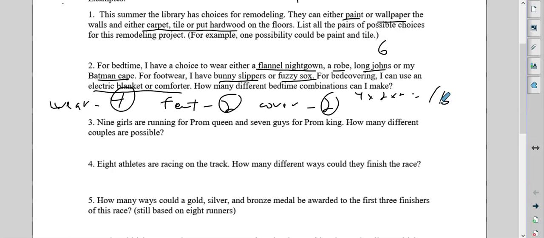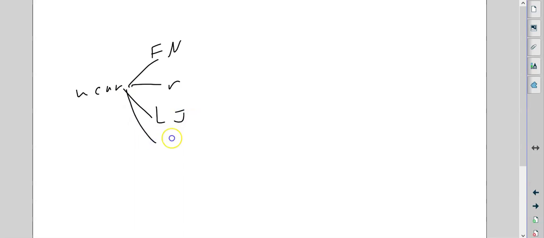Now, don't write this down, but I'm going to show you, if you remember this thing called a tree diagram, you'd have something like this. What am I going to wear? Well, I could wear my fuzzy nightgown, my robe, my long johns, or my Batman cape.